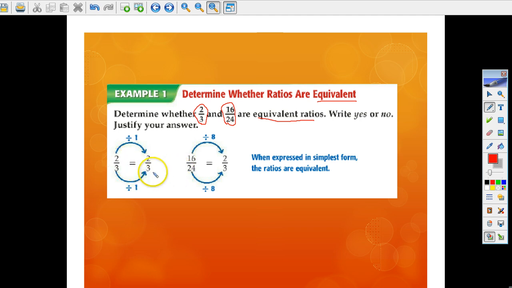So 2/3 divided by 1, simplified, is already 2/3. 16 over 24, if you simplify it by dividing by 8 here, you get 2, and divide by 8 here, and you get 3. So you get 2/3. So yes, they are equivalent fractions. They're the same number expressed in different fractions.